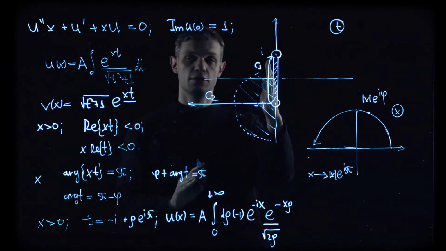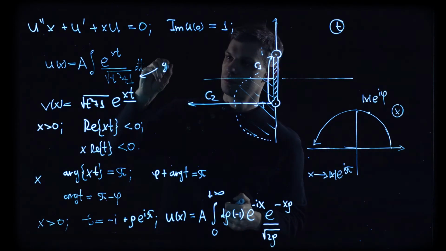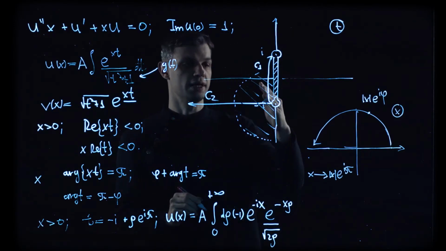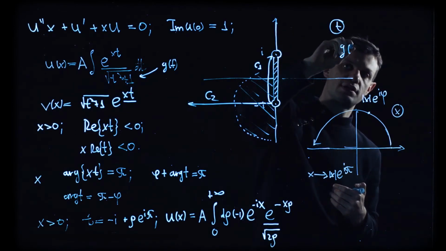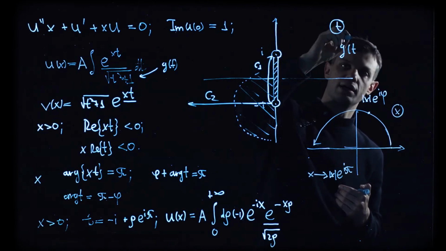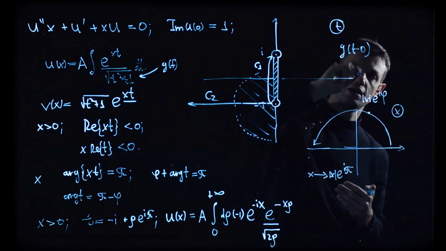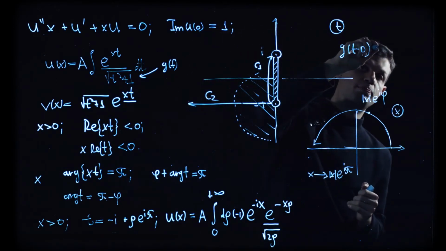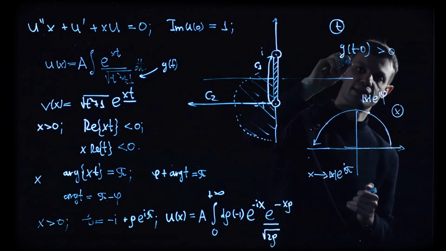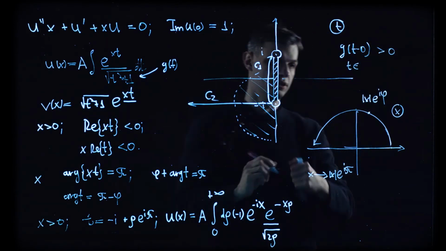Well, let's do this again. So our multivalued function g of t is defined in such a way that, when we are on the left bank of our branch cut, it is going to be positive when t belongs to the segment from minus i to i.